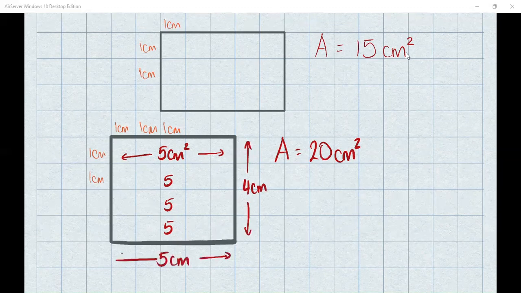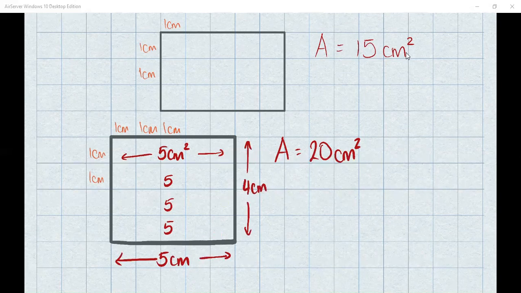Now if I look at these numbers and think about the link between the 4 and the 5 and the 20, we can see that I've got groups of 5. There's a group of 5, here's a group of 5, here's a group of 5, here's a group of 5, and I've got 4 lots of them, 1, 2, 3, 4.